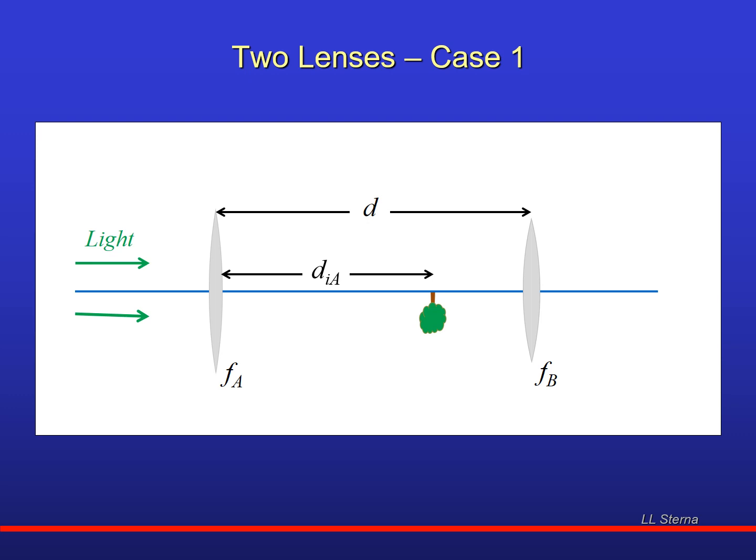We consider the light from the image going to the second lens. In order to solve that problem, we need to know the distance of that object from the second lens. We call it d sub O B. If you need to stop it, make a picture, make sure you know those variables: the separation between the two lenses, d; the image distance from A, d sub I A; the object distance to B, d sub O B.